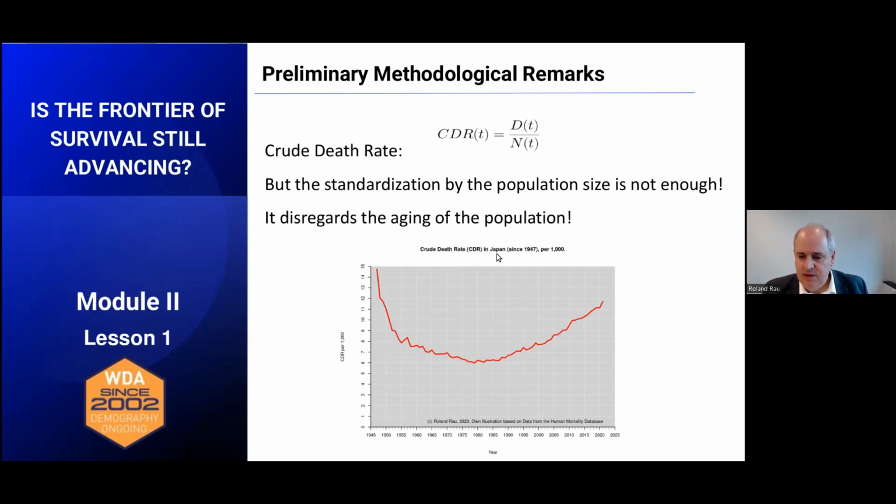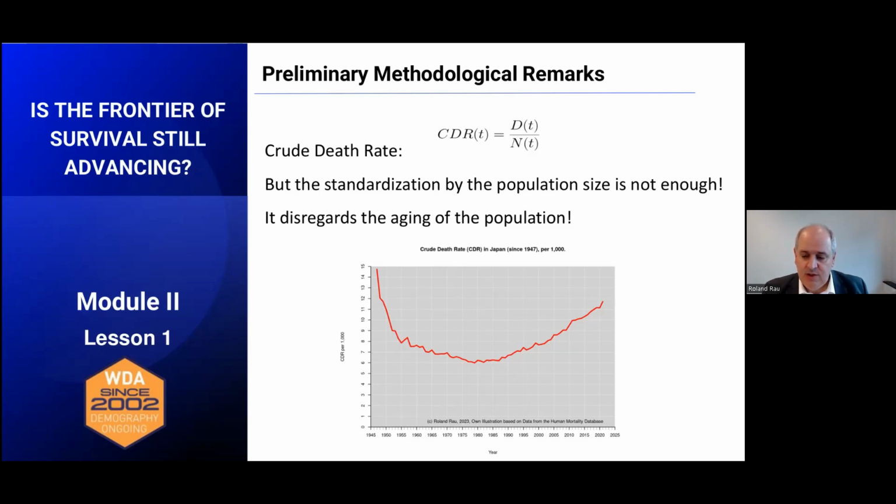This is Japan since 1947. What we can see is that the crude death rate is going up over time. This might be surprising because it started going up primarily in those years when Japan became the leader in terms of longevity, in terms of life expectancy.